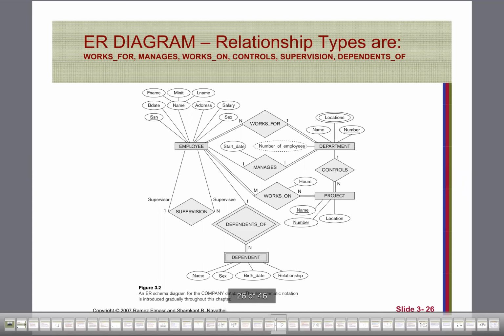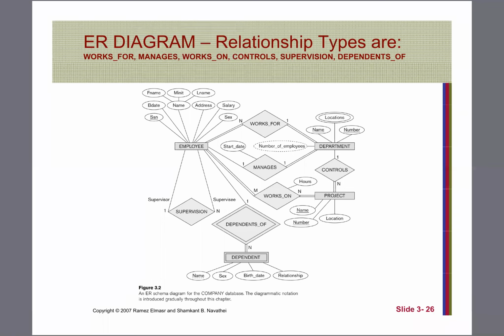So this was the last slide that we actually understood, and this is the company database that we derived with the help of the diagram, obviously. And if you can just see that, there were a couple of things which I will just rewind for you.